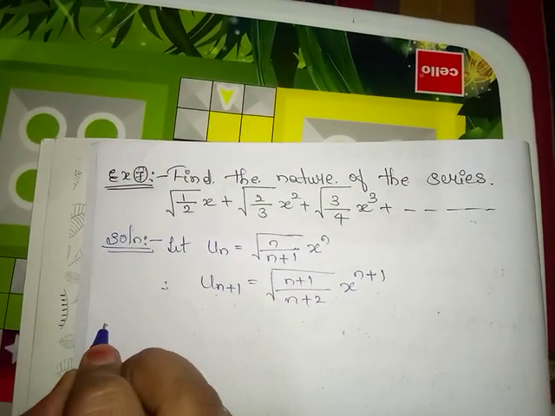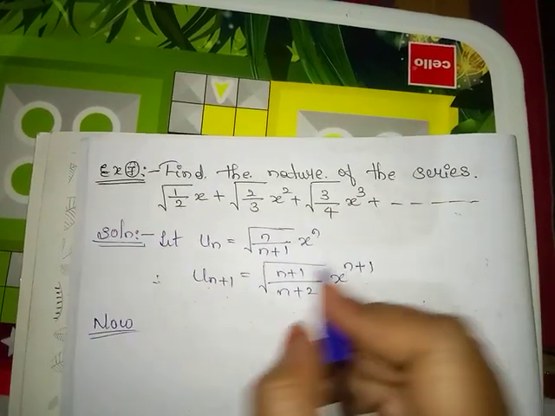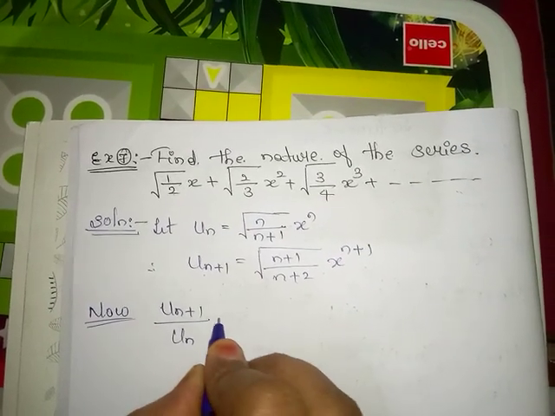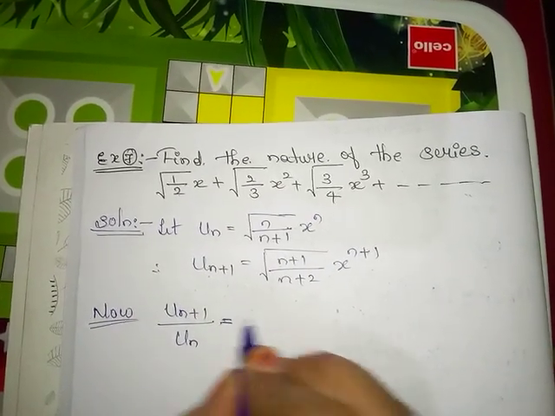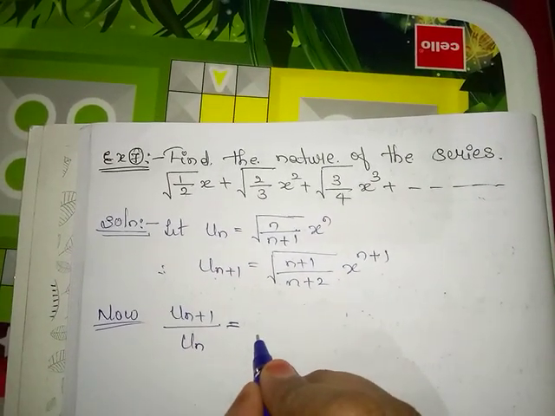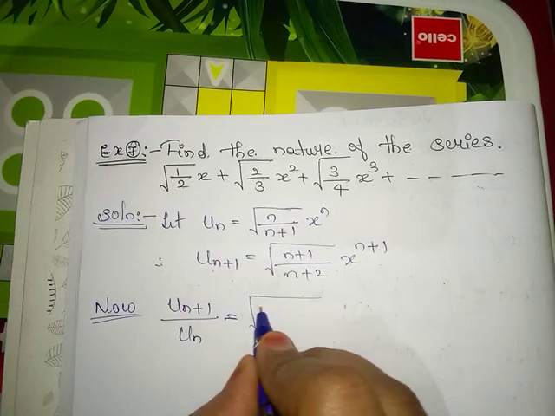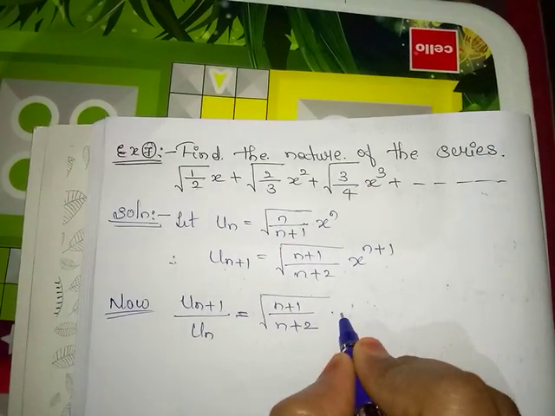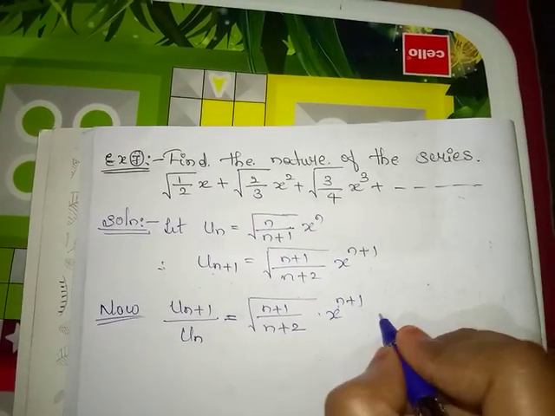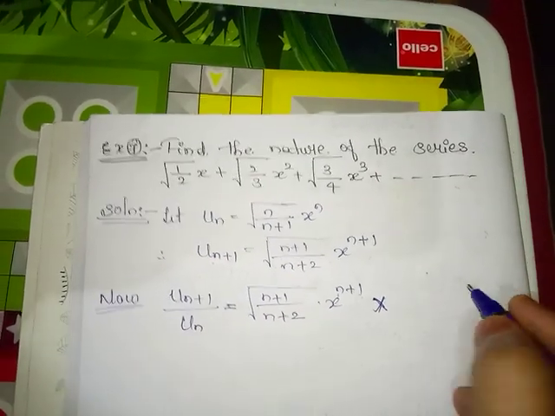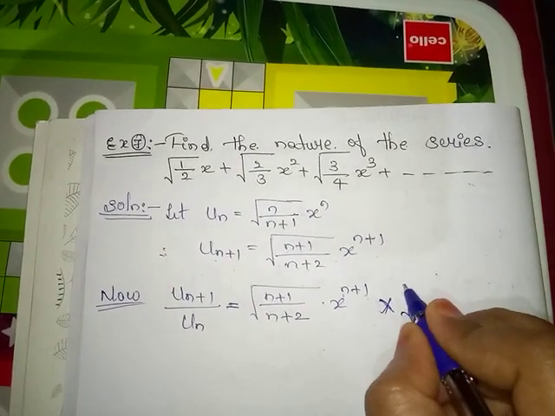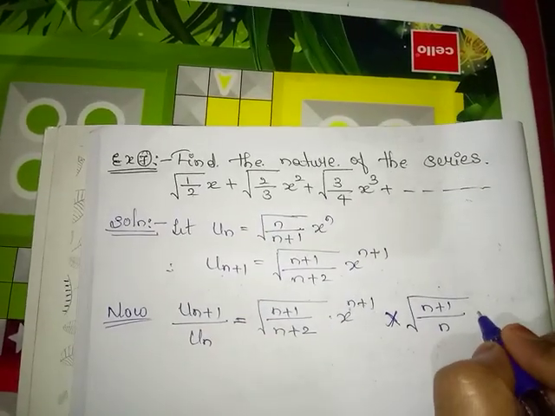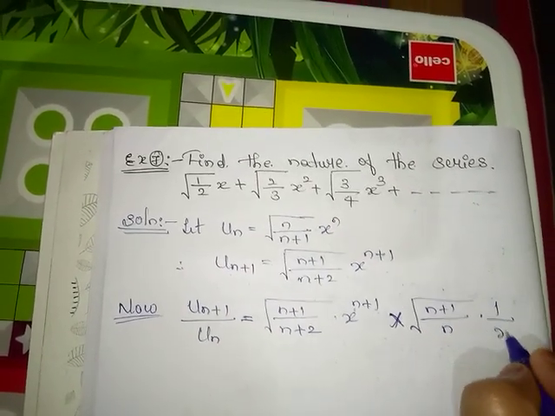Now un plus 1 divided by un is equal to square root of n plus 1 divided by n plus 2 into x raised to n plus 1 into square root of n plus 1 divided by n into 1 divided by x raised to n.